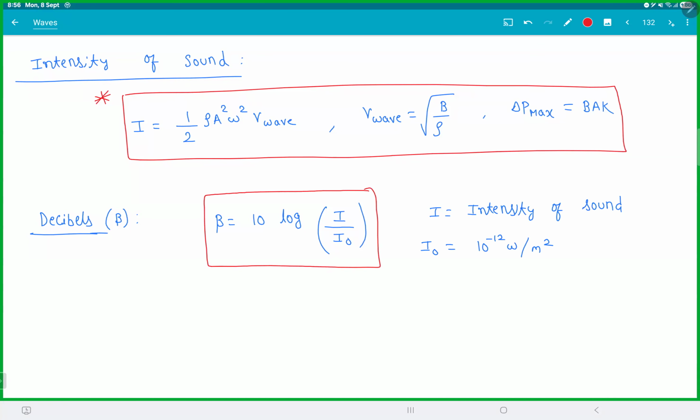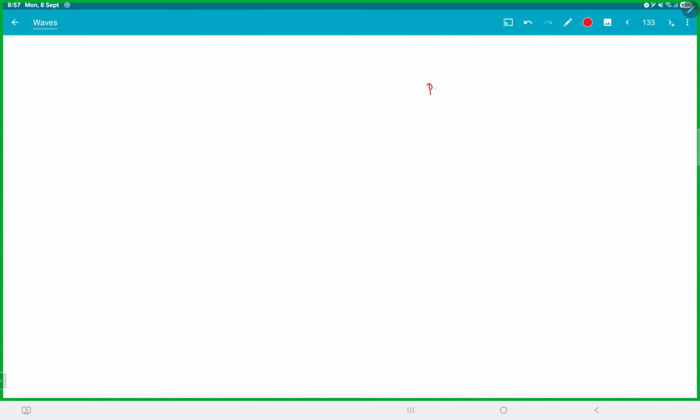So decibels is a log scale, and this log scale has a problem. These things can be quite deceptive if you really don't understand what you're talking about. The first time you learned a log scale in 11th and 12th is in chemistry. Remember pH of acid? So pH is actually a log scale. If someone tells you I have an acid of pH 3 and pH 6, can you tell me how strong pH 3 is compared to 6?